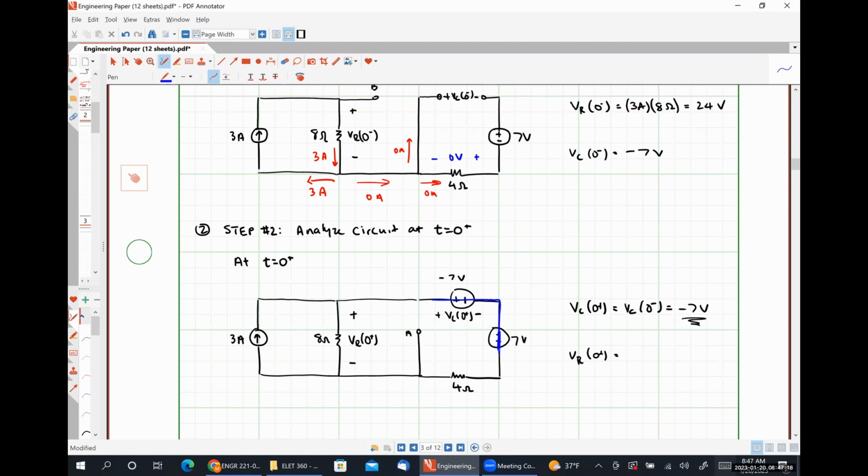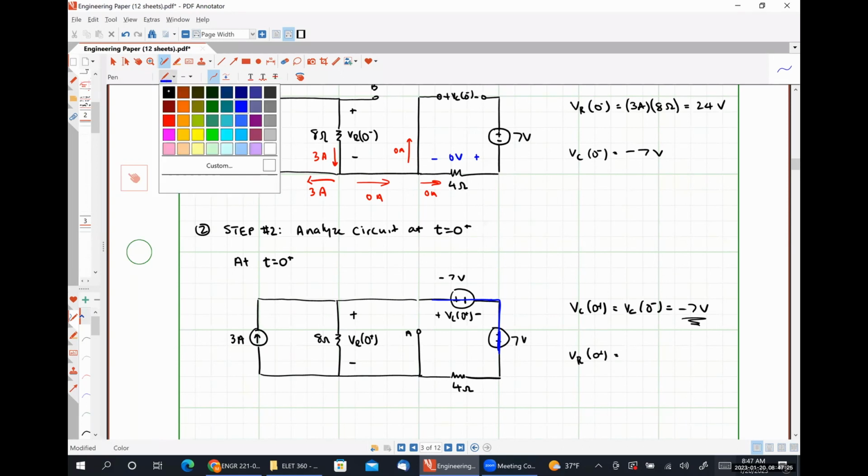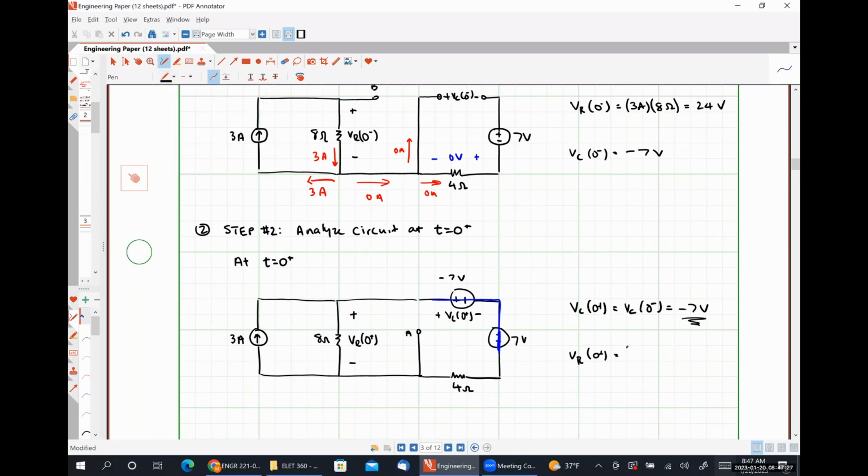So you could do current division to find the current only flowing through the 8 ohm resistor, or we could use Ohm's law, where our relationship is going to look like 3 amps times 8 times 4 over 8 plus 4.